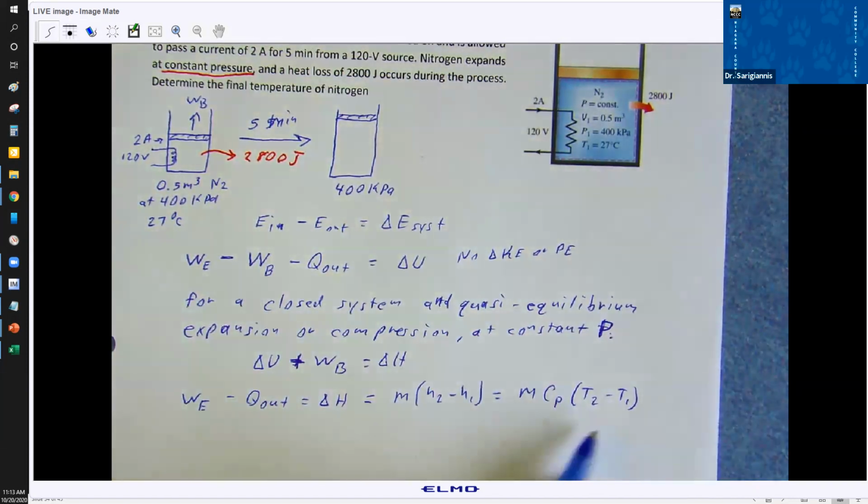So here we have the formula that we need to start solving this.